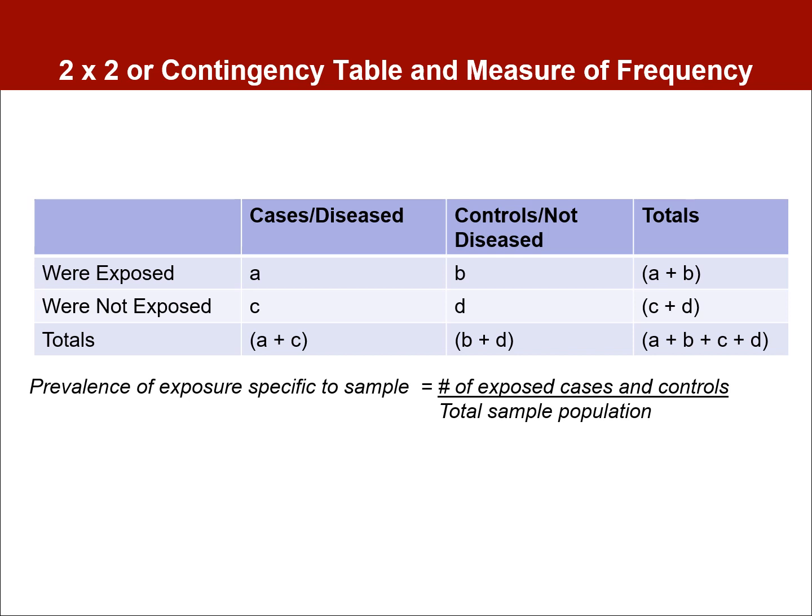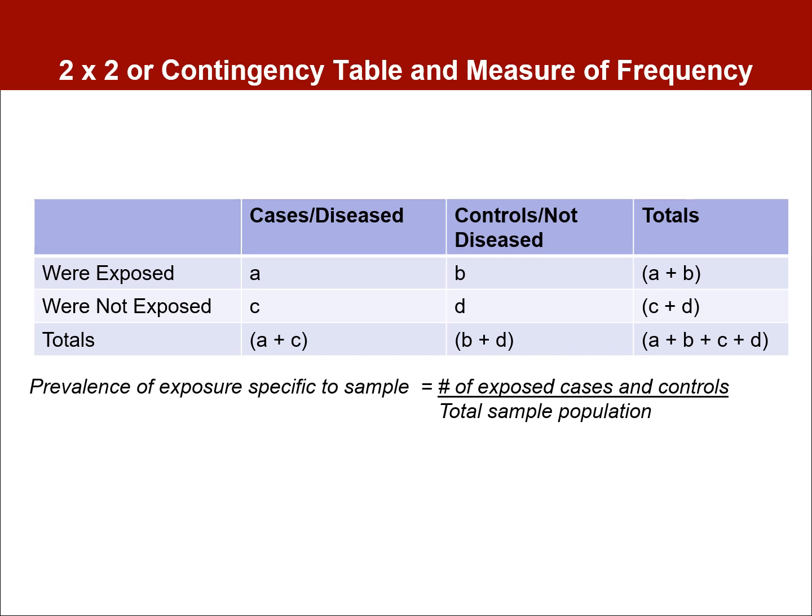However, because you're trying to study exposure and at baseline you don't know what the exposure status is of your sample population, you may be able to estimate the prevalence of exposure specific to the sample. You use the same formula: the number of existing cases with a particular exposure, divided by the total sample population.